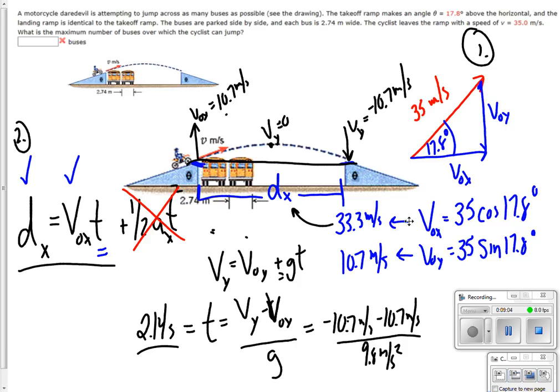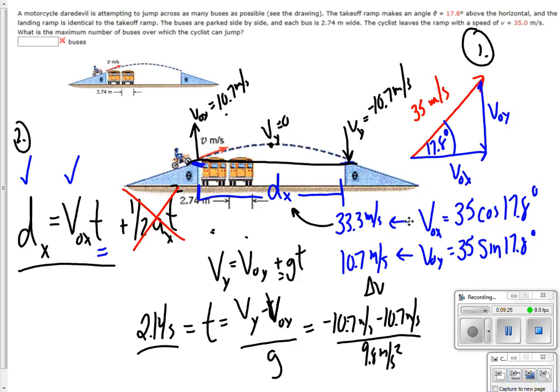Since it's symmetrical, it lands at the same point. It's coming down with the same speed that it started up with, giving me a total change, right? That's my delta v of total change of negative 21.4 meters per second at a rate of 9.8 meters per second squared means it takes 2.14 seconds.